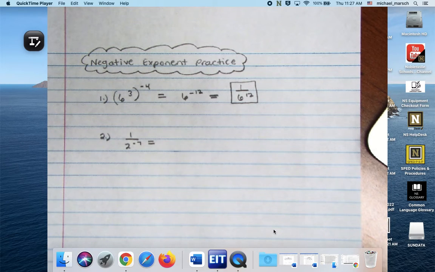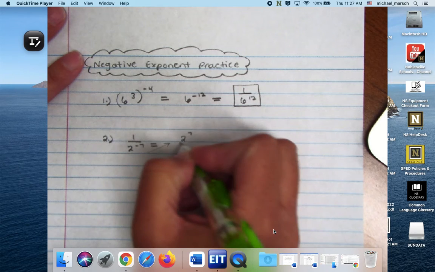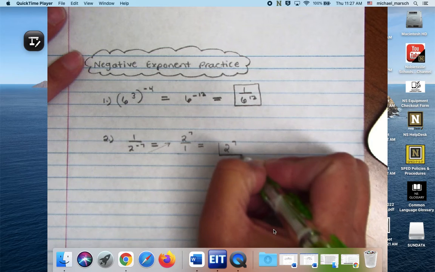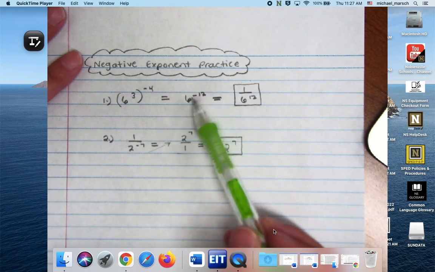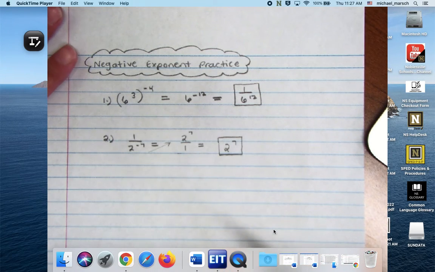I'm not going to multiply. So look at examples 4, 5, and 6 from the notes yesterday. What did we do when we had a negative exponent in the denominator? It's going to be our numerator, right? So 2 to the 7 over 1, which then just simplifies to 2 to the 7th. So if our negative is in the numerator, we move it to the denominator. If it's in the denominator, we shift it up to the numerator.